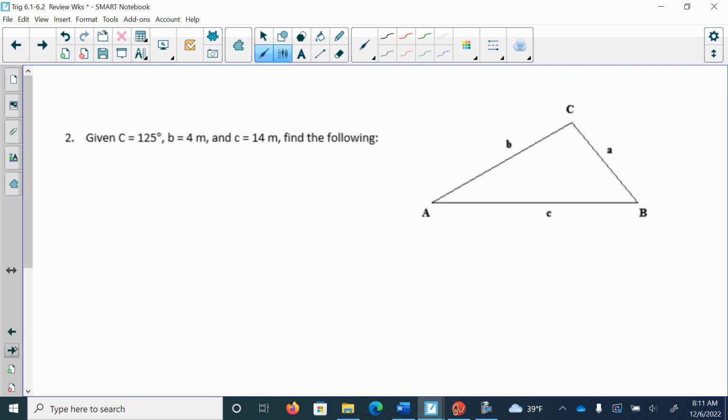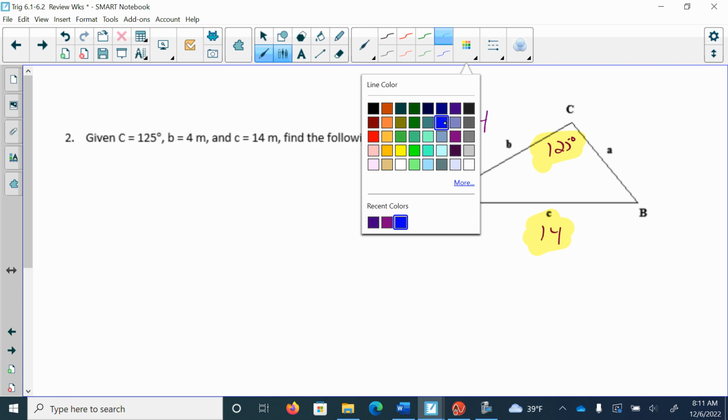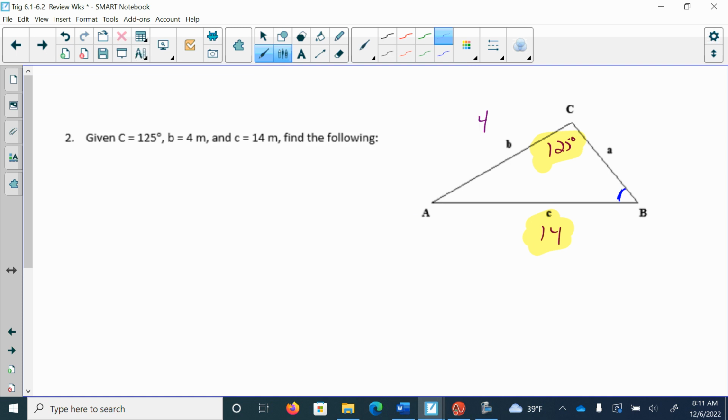The next one, angle C is 125 degrees. Side B is 4. Side C is 14. As soon as I have this opposite pair, I know that I can use the law of sines. Because of what I'm given, I have to solve for angle B first.